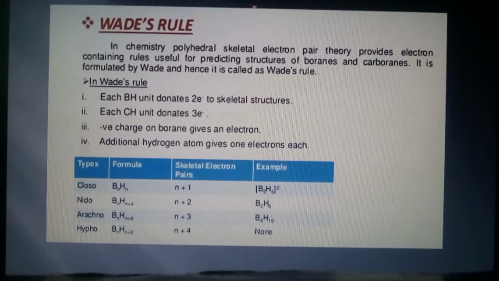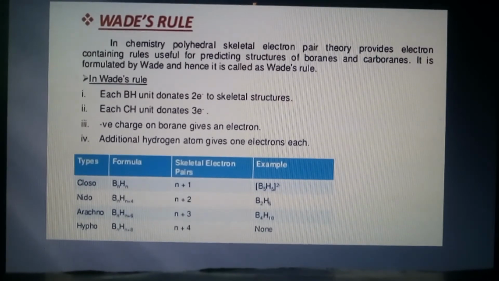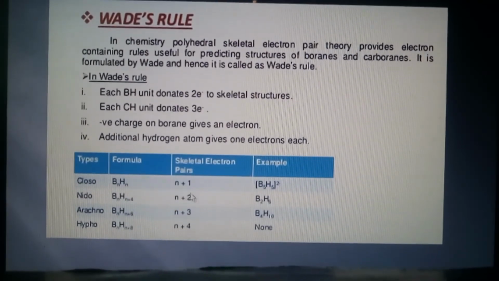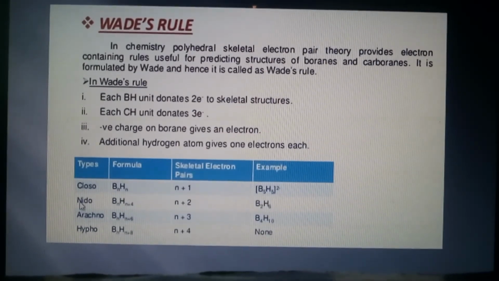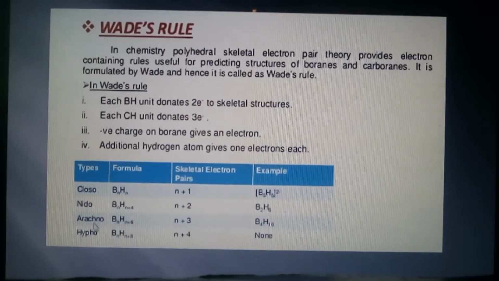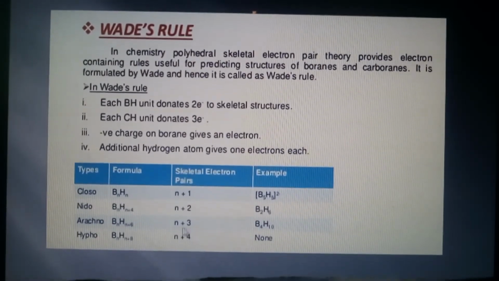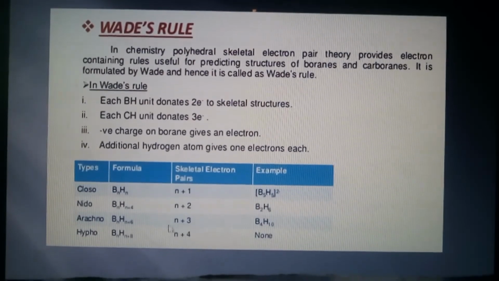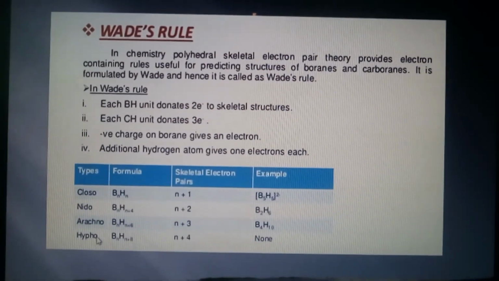If n plus 2 pairs, then the structure will be nido. Similarly, if it is n plus 3 pairs, then it is arachno, and if it contains n plus 4 bonding electron pairs, then its structure will be hypo.